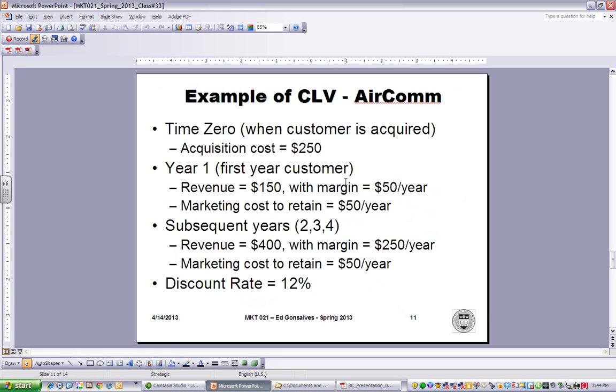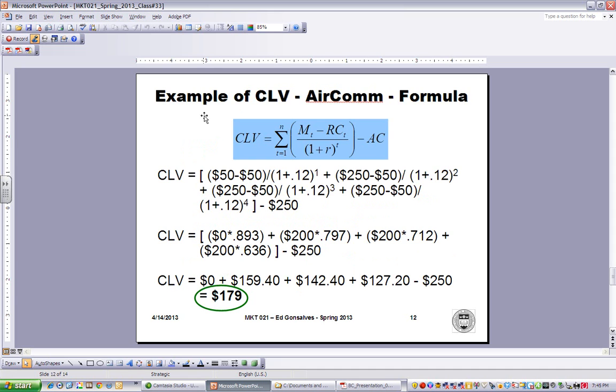So time T0 is when the customer's acquired. Acquisition is 250, revenues 150, because you have margin minus the $50 to retain. And then in the subsequent years, you're at $250 a year in margin, minus 50, so that's 200, and then you have a discount rate. So it's pretty simple when you plug it into the formula. We're just kind of hand cranking it here.